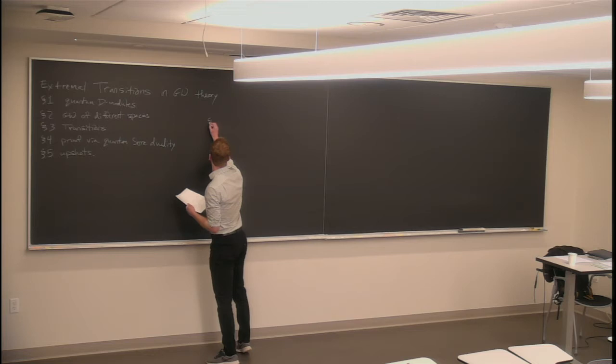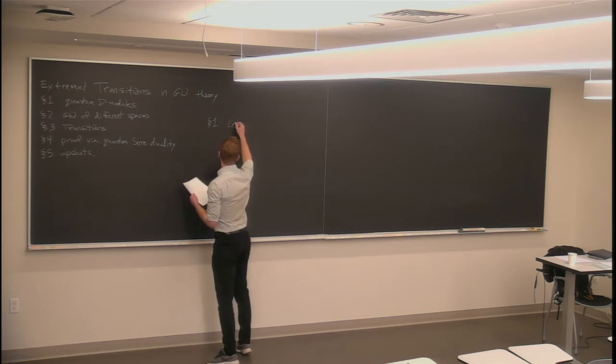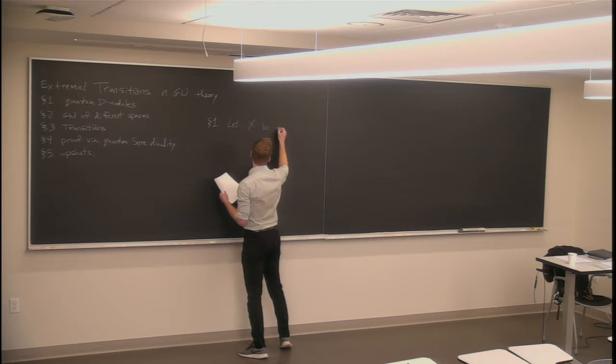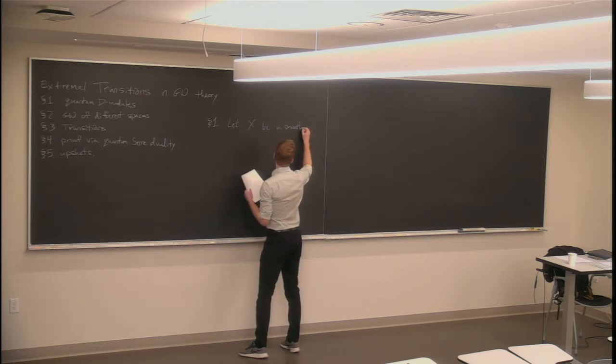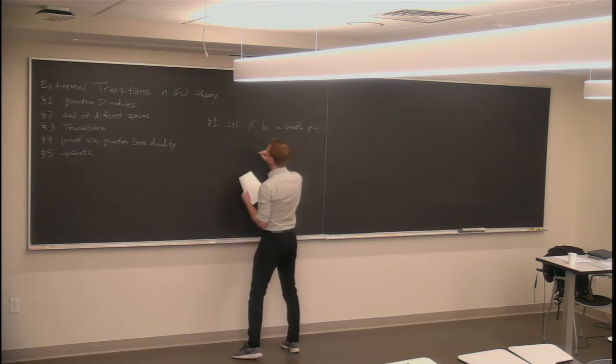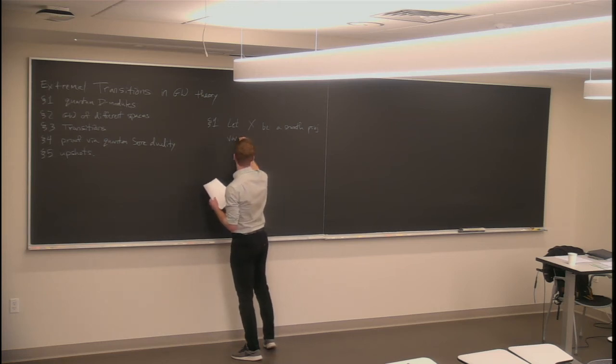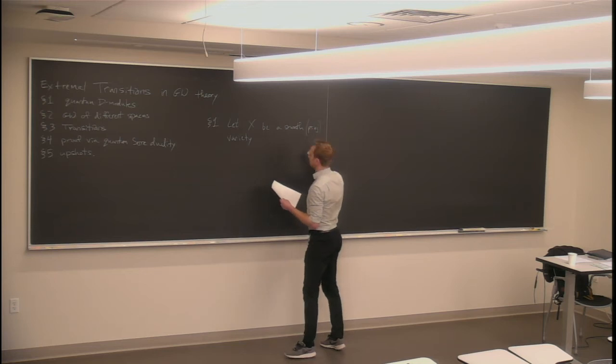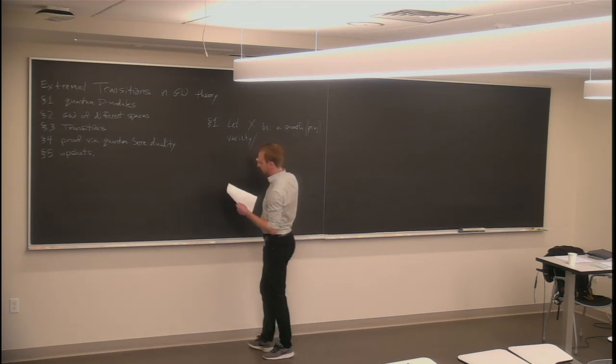So the setting is we have a smooth projective variety. And these conditions can be relaxed, so it doesn't always have to be projective. You can replace variety with DM stack.